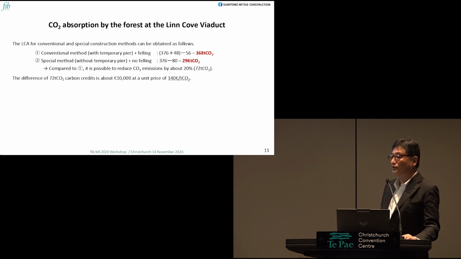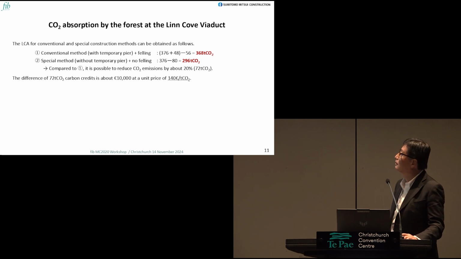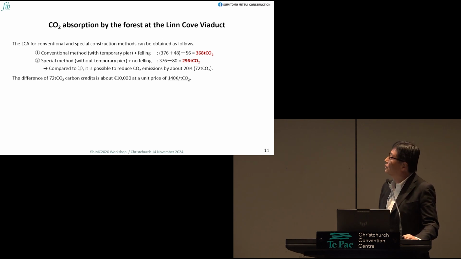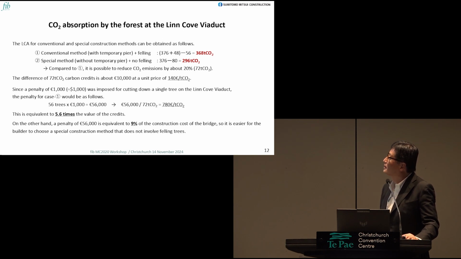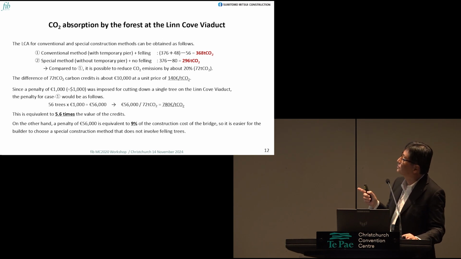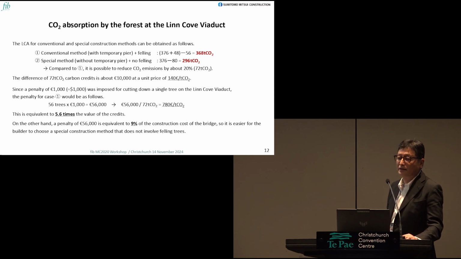And also, if the CO2 credit is €140, it is going to be like this. So the 56 trees multiplied by the 1,000 penalty is going to be €780. So compared with 140 and 780, it's about 5.6 times. So I would say this money is not so small for the contractor.